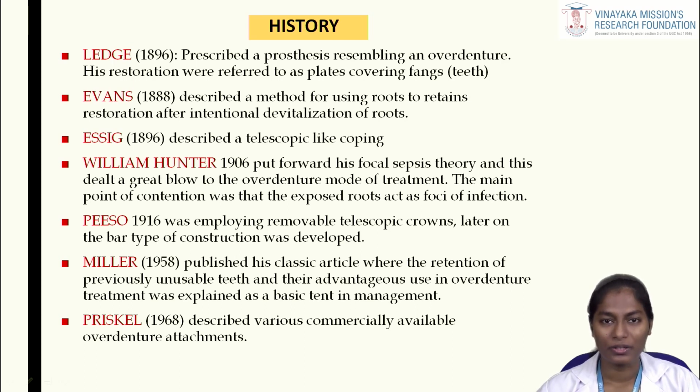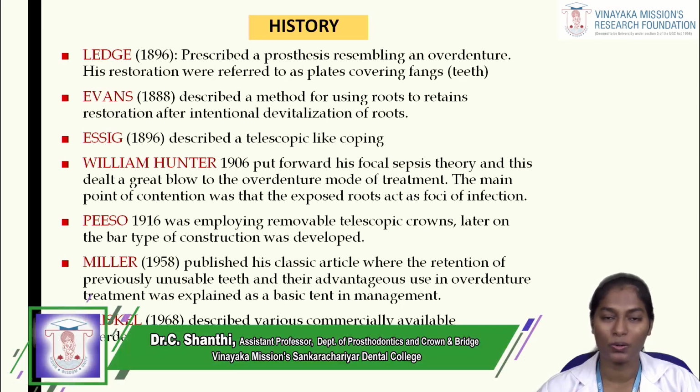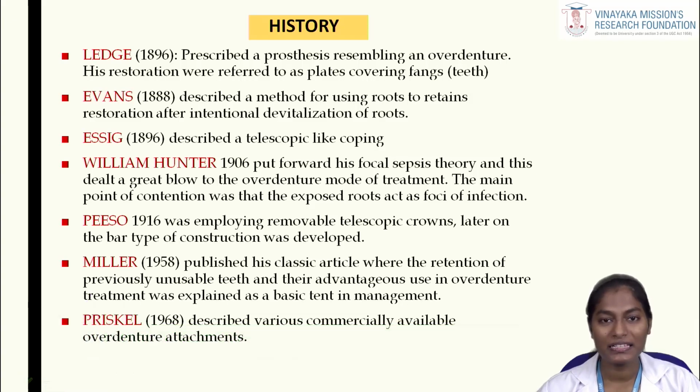In order to retain the roots, they have to be devitalized, that is, after endodontic therapy only we retain the roots and then fabricate the denture over them. Then Isaac prescribed a telescopic coping for the fabrication of overdenture. This all happened in the 18th century.